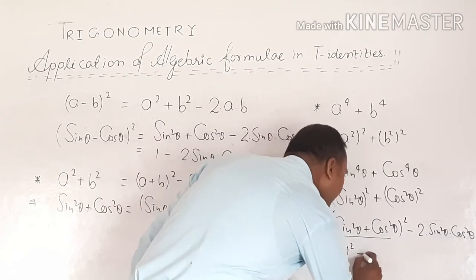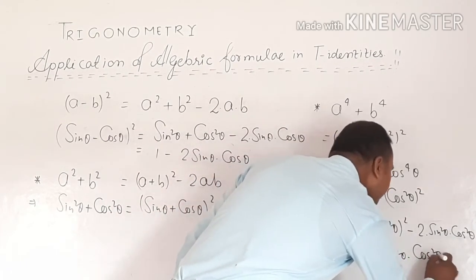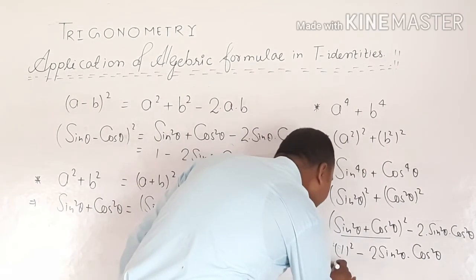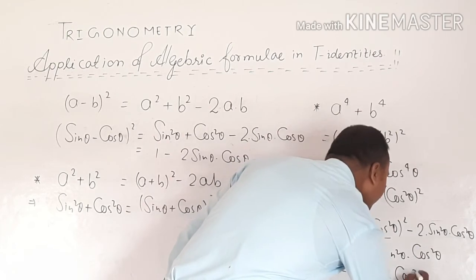That means 1² minus 2 sin²θ cos²θ. So we can also write it as 1 minus 2 sin²θ cos²θ.